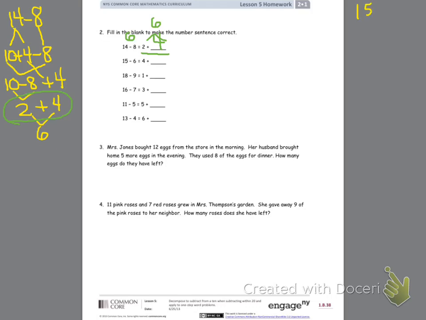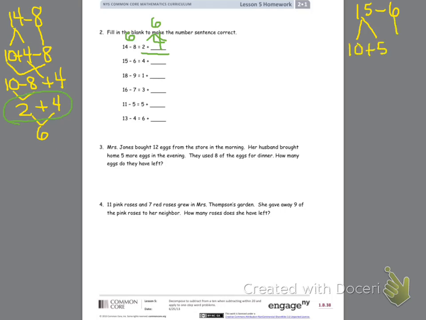Now let's do the next problem together as well. 15 minus 6 is the same as 4 plus something. We'll focus on the 15 minus 6 section. I know I can't circle 5 minus 6 because if I have 5, I can't take 6 away. So I'll decompose the 15 and make it 10 plus 5.